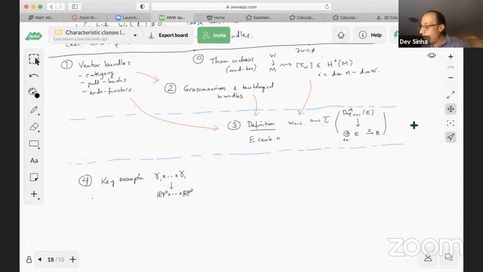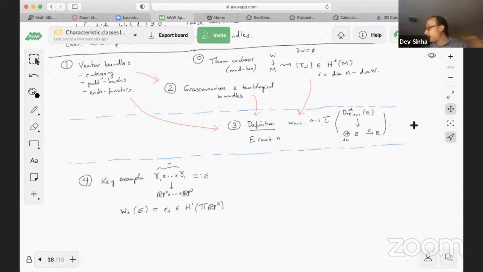And then you show that w_i of this is, so if this is our E, and the base is a product of RP^d's, then w_i(E) is sigma_i, the i-th elementary symmetric polynomial in the cohomology of a product of RP^d's. And here, let's say d is bigger than the number of these, which is say n. I'll just assume d is bigger than n for ease.